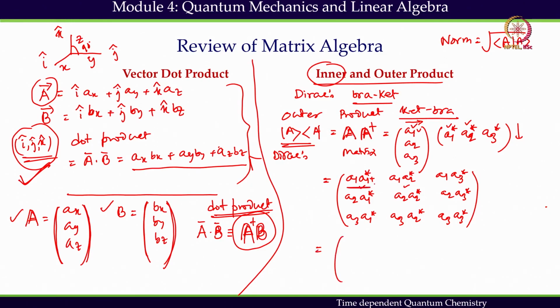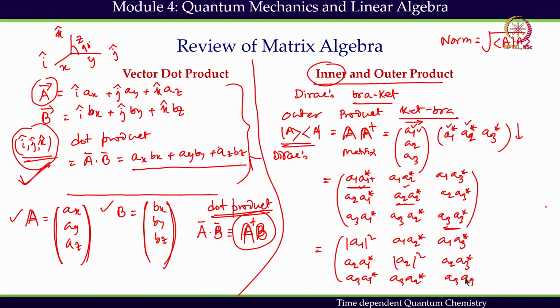All these diagonal elements can be represented by absolute squares, then A1 A2 star, A1 A3 star, similarly A2 A1 star, then A2 A3 star, then A3 A1 star, A3 A2 star, and A3 A3 absolute square.